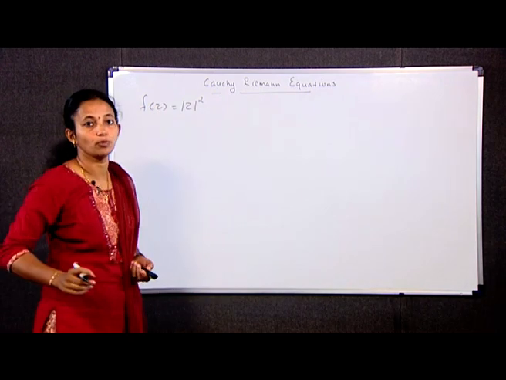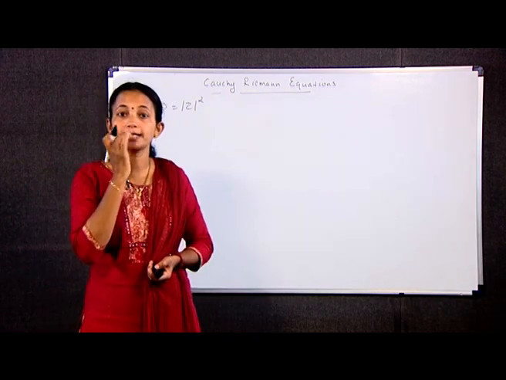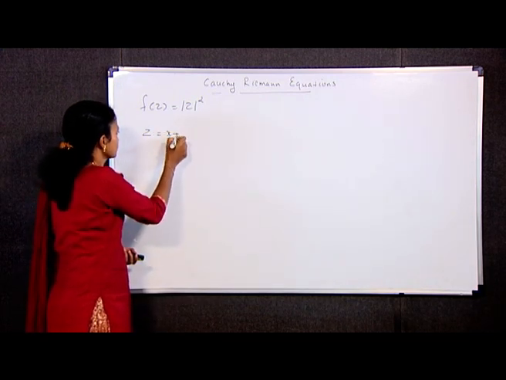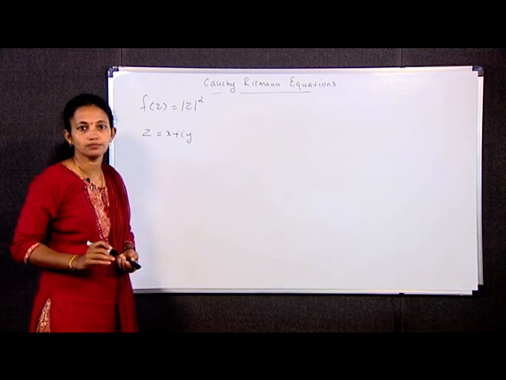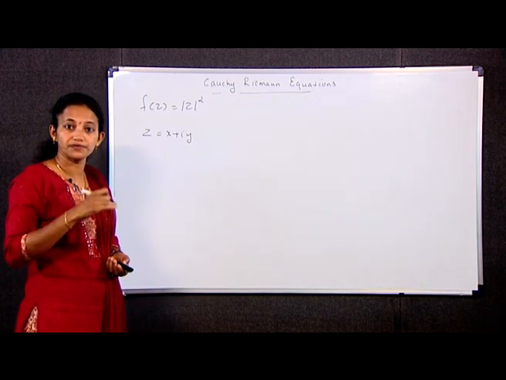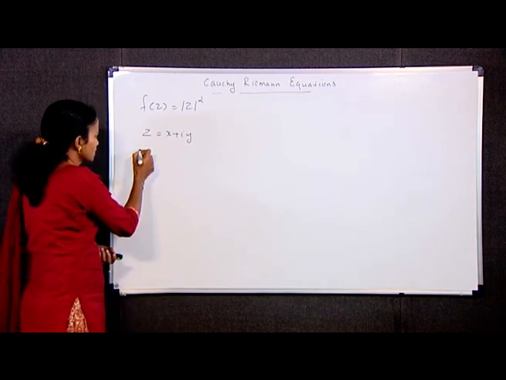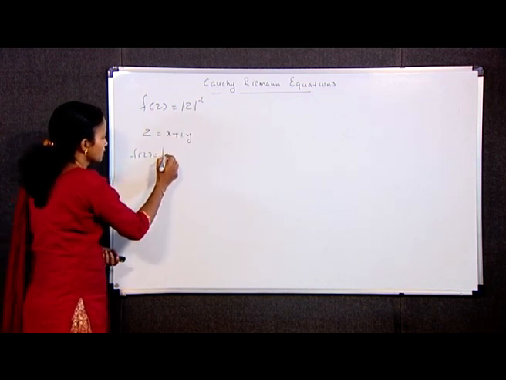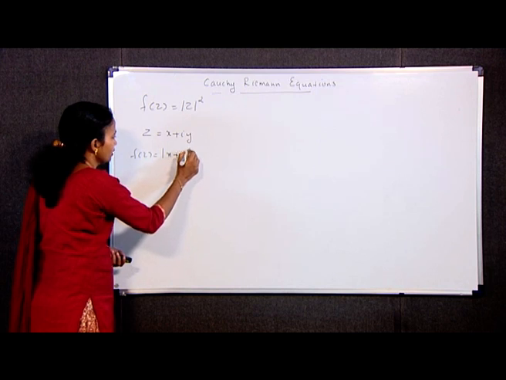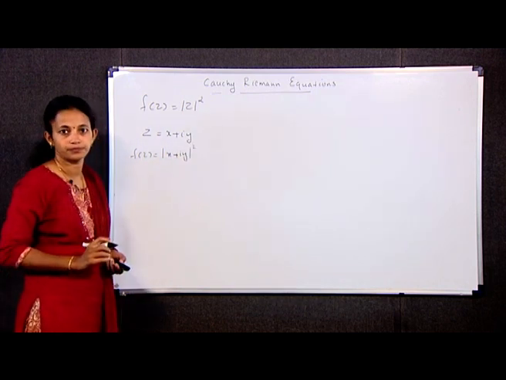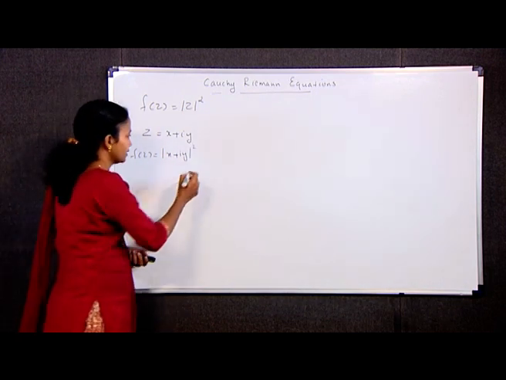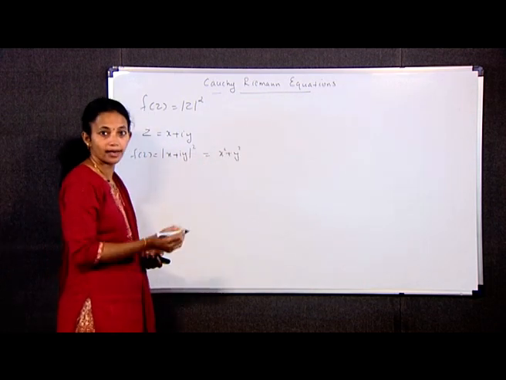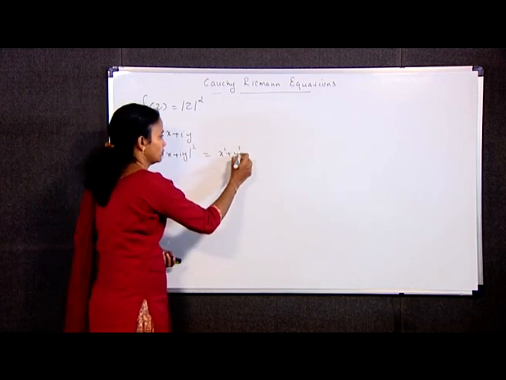That is, f(z) is equal to mod z squared, taking z is equal to x plus iy. So we have f(z) is equal to mod (x plus iy) whole squared, which is equal to x squared plus y squared plus i0.